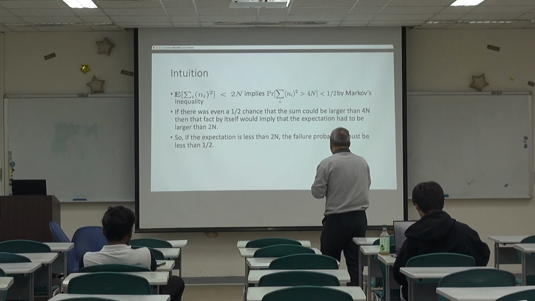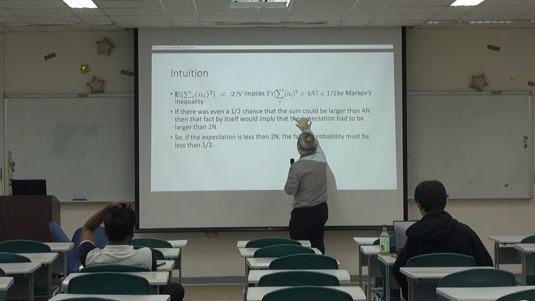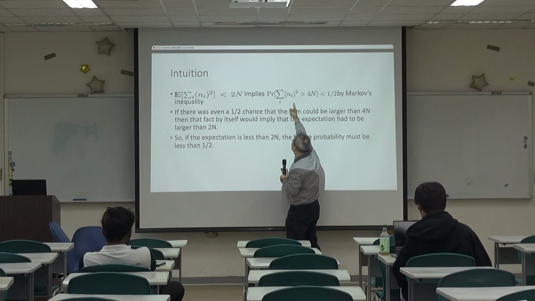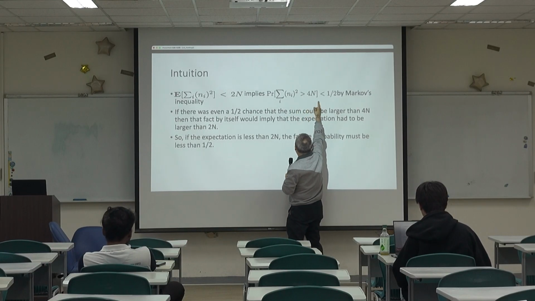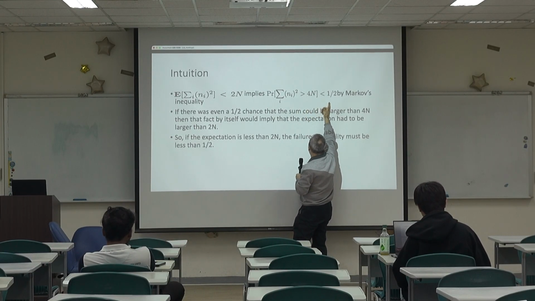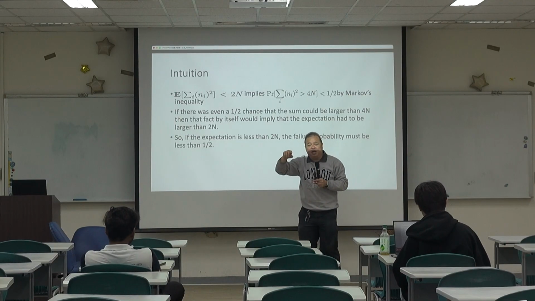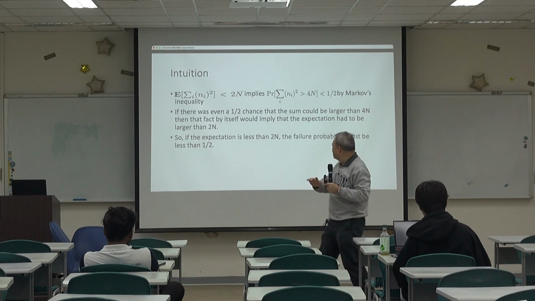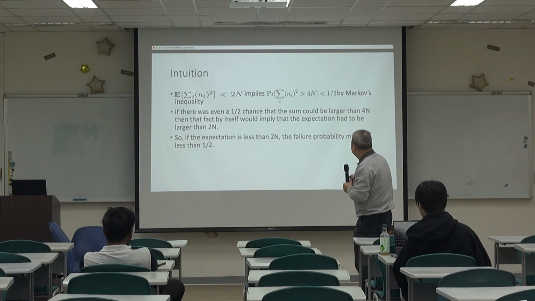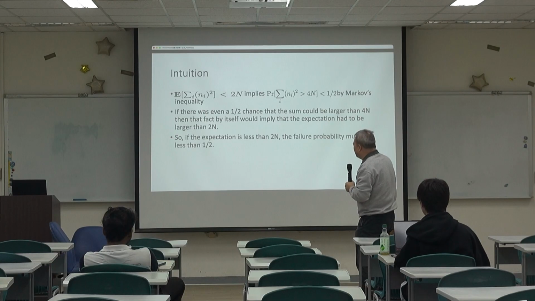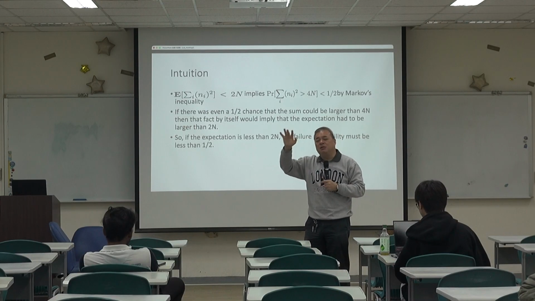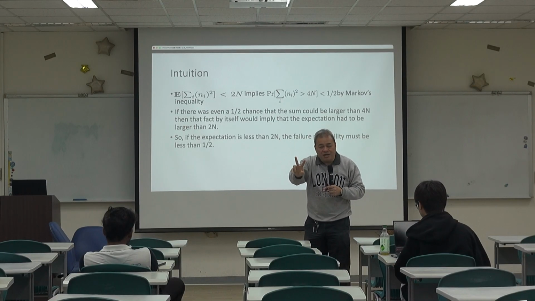Okay, so if this probability, the sum of this ni squared greater than 4 is greater or equal to 1 over half, then the other half. When it's greater than 4 and the probability is greater than 0.5, then you just multiply this value by 0.5. It's already 2n, right?